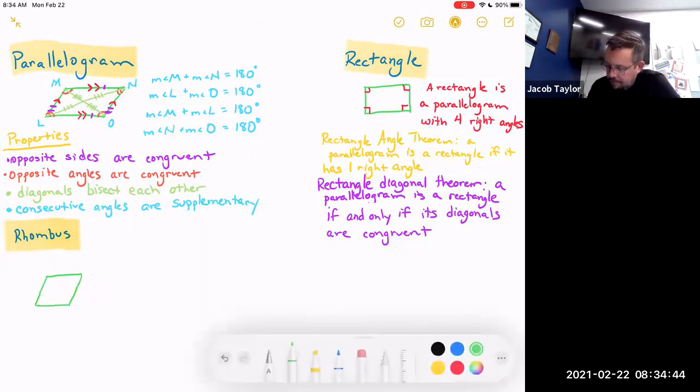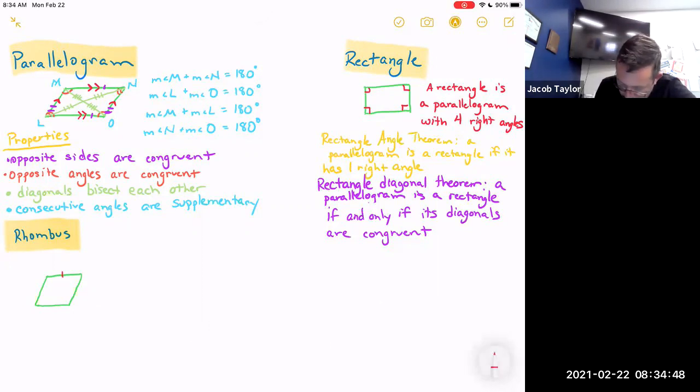Very good, Emily. Emily says all four sides must be equal, and I'm assuming that what she meant to say was congruent. A rhombus has four congruent sides.